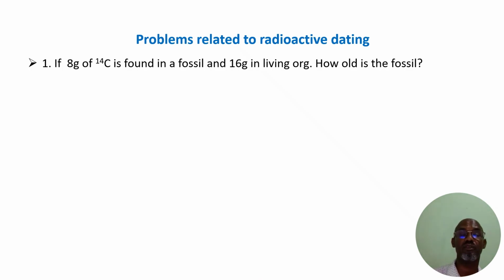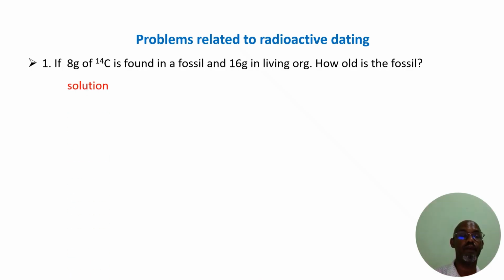Therefore, the fossil has lost 50% of its original amount. What is the time period in which the radioactive substance loses 50% of its radioactivity? That is one half-life. That is 5,700 years.